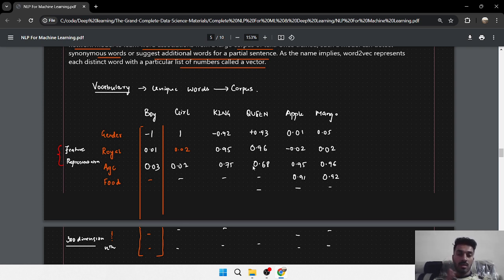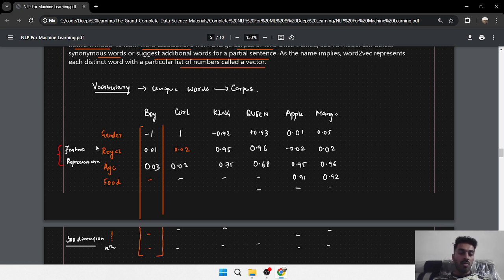This model can think like a human. So if you have words like king and queen, our model will be able to predict that they are related to each other and opposite to each other.